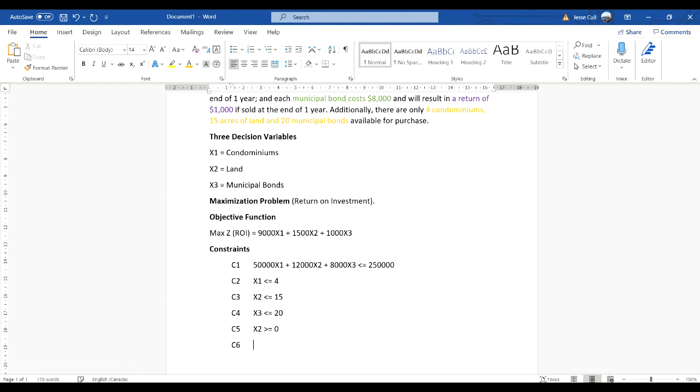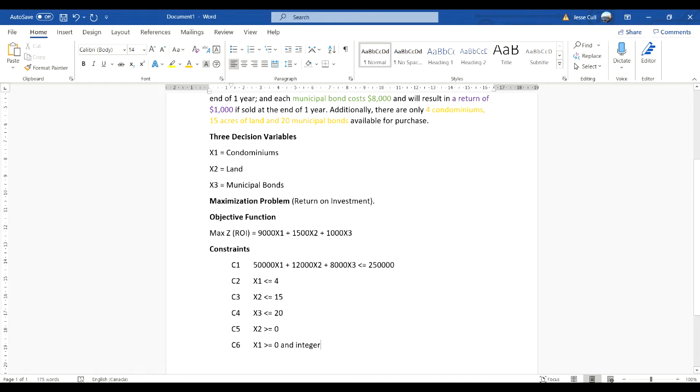C6, x1 must be greater than or equal to 0. We cannot purchase negative condominiums, and integer. Now what that means, if we look at C5 and C6, we cannot purchase a percentage of a condominium.